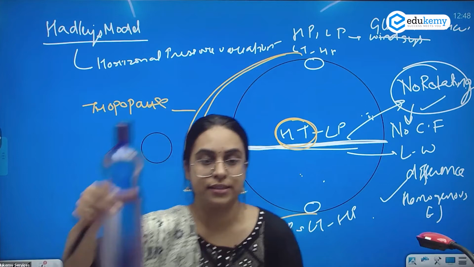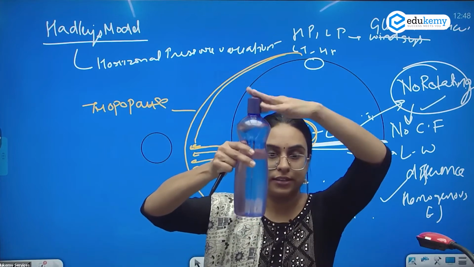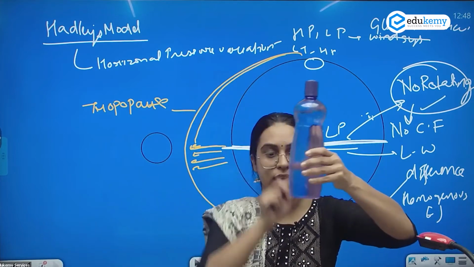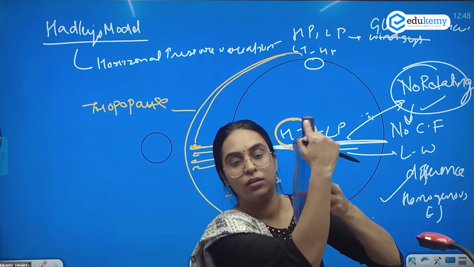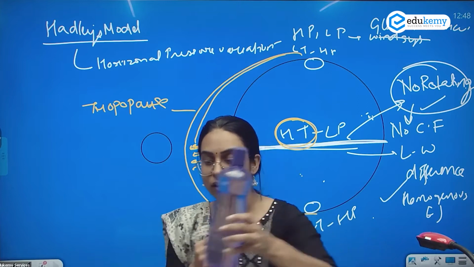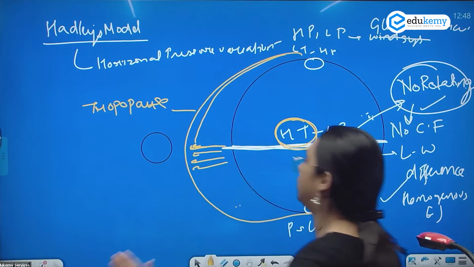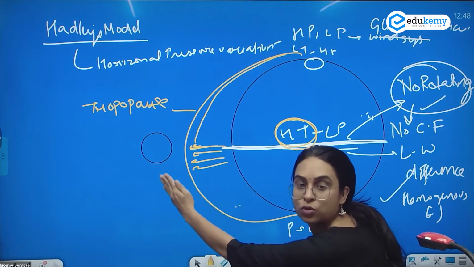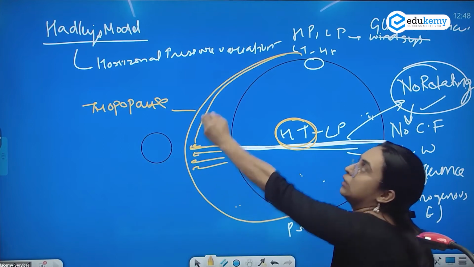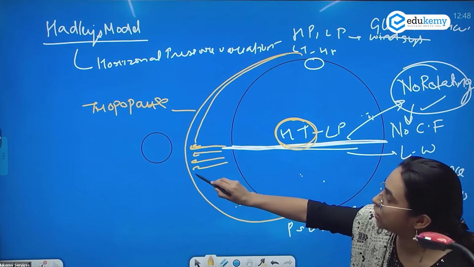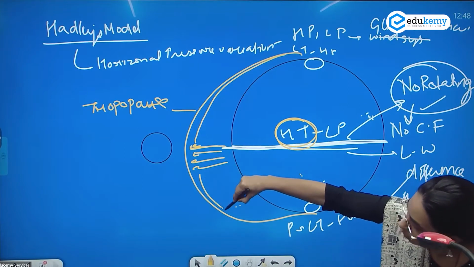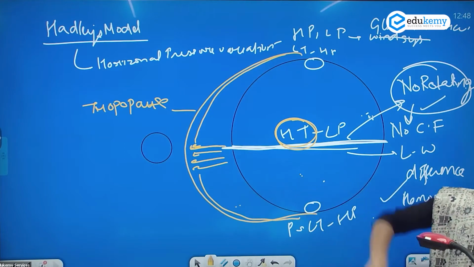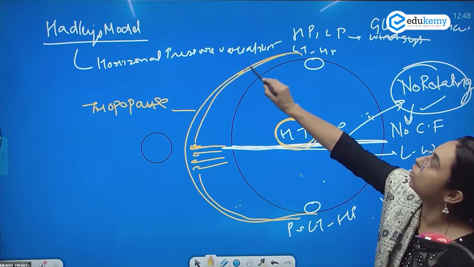Let's say this is the equator and this is the tropopause. The wind is rising from here. What will happen after this? It will have to turn. So the wind rose up to the tropopause, then the wind will turn and move along the tropopause, okay?